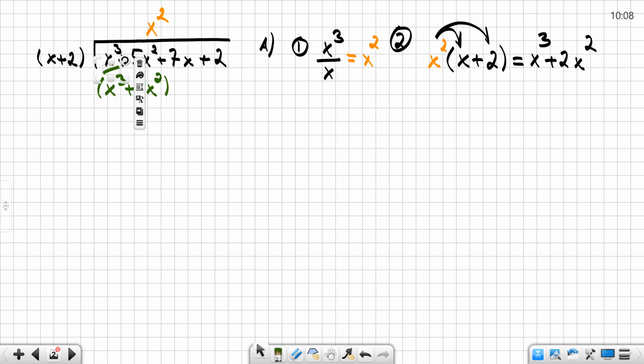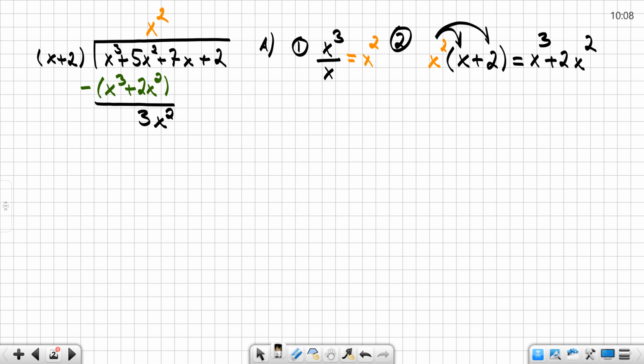Let's clean this up a little bit. Now, in the next step, I take all of this and I will now subtract it from the top. So x cubed minus 1x cubed, that is going away. Positive 5x squared minus a positive 2x squared is a positive 3x squared. You have to be careful about the signs here. All right, that was the end of iteration 1.